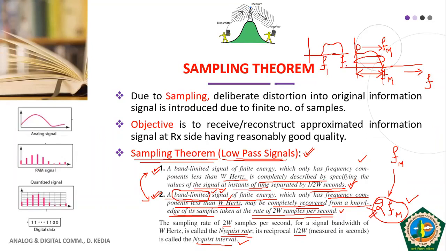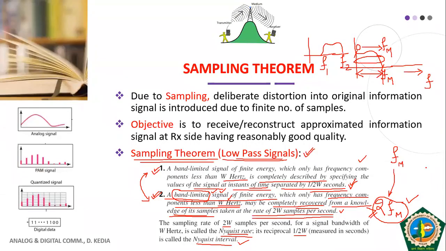I am not discussing the sampling theorem for band pass signal here, as that may add complexity. But if you understand the sampling theorem for low pass signal completely, then it will not be difficult to understand it for band pass signal. So I hope all of you have understood the statement of the sampling theorem for low pass signal.